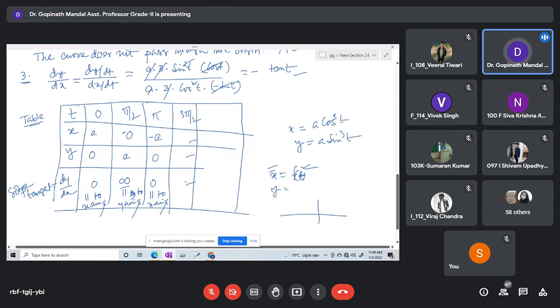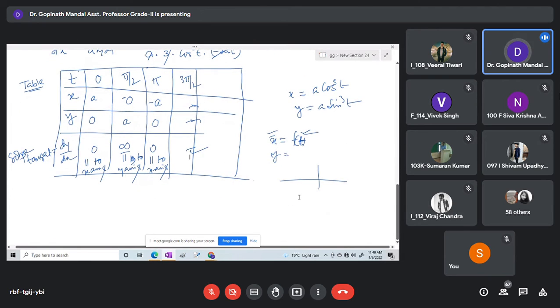Now you can put this value, no problem. Also now draw the curve.